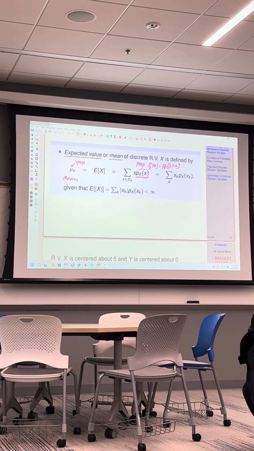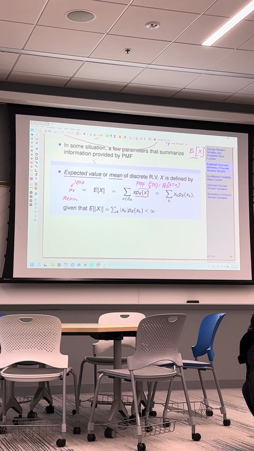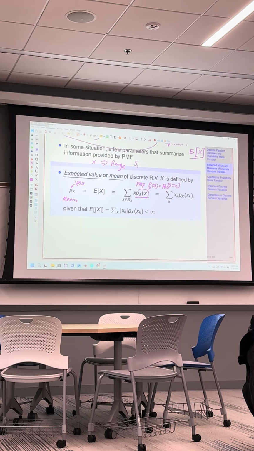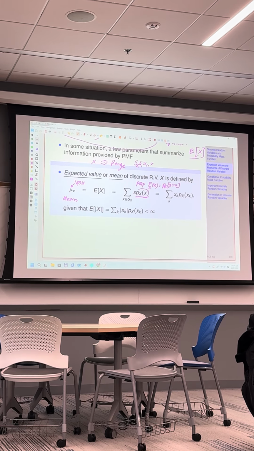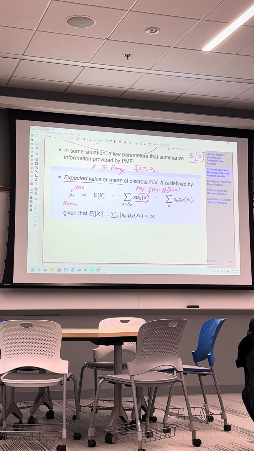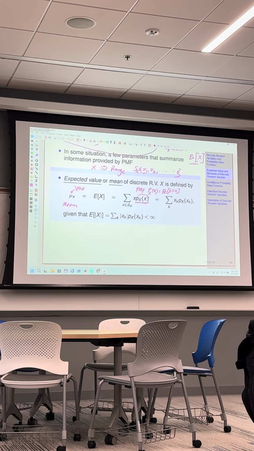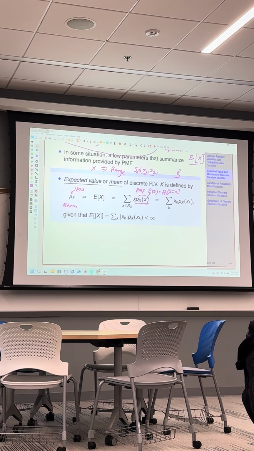You already know, because we are working with a random experiment with infinitely many trials, that you will have random variable x and its corresponding range, which we denoted with s sub x. You take x1, x2, and so on. I don't know how many values you will have in this range, and you take each of these elements and then you sum the product of this value times this PMF.